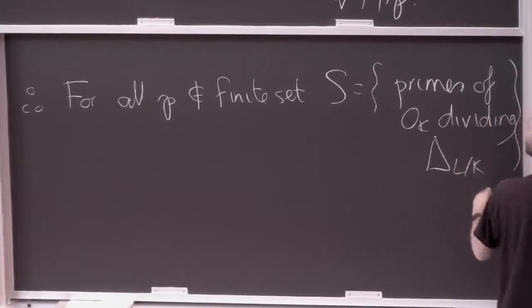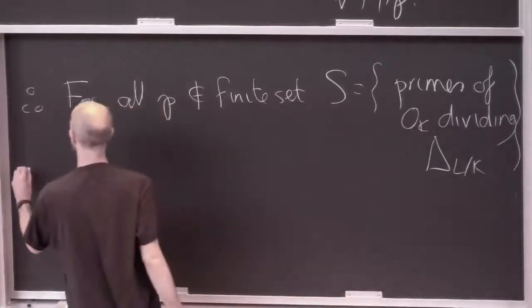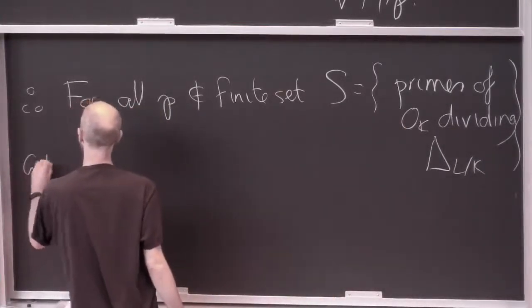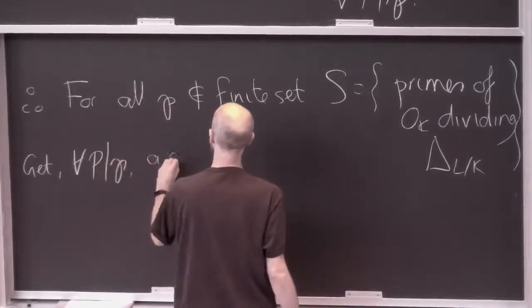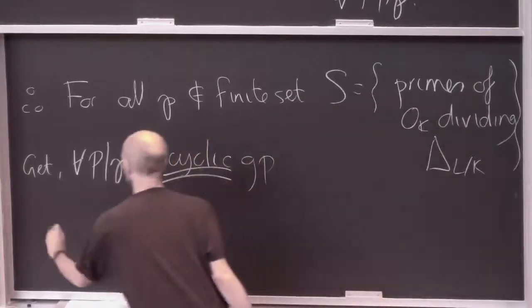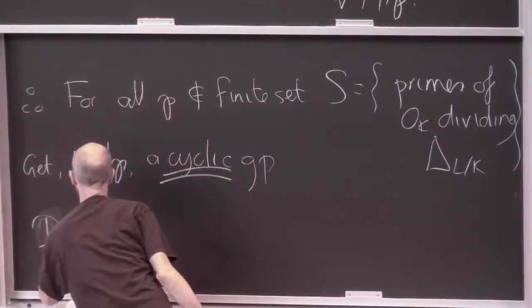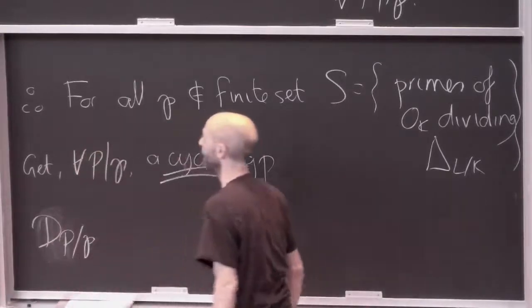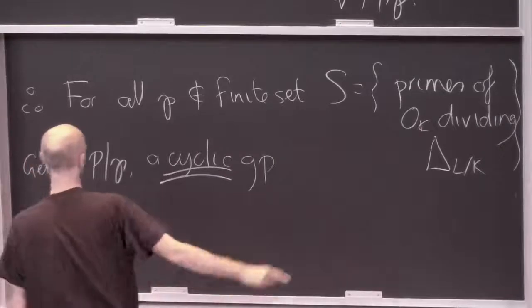the discriminant of L over K. So for all those primes not dividing delta, we get, for all primes P, capital D_P over p, which is a cyclic group because it's a local Galois group where the inertia group is trivial.